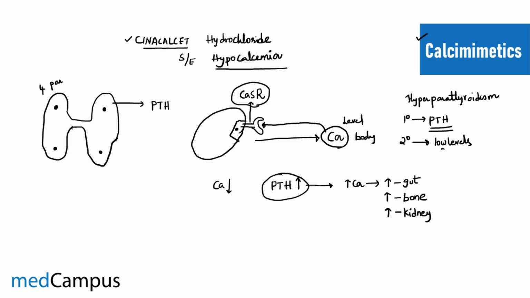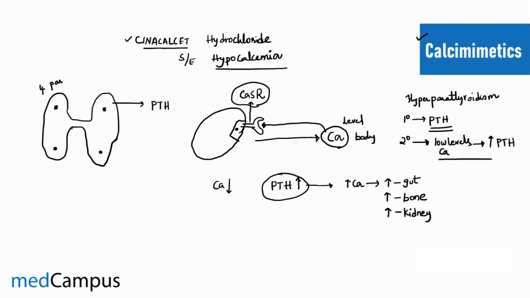Whenever there are low levels of calcium, the calcium sensing receptor detects these levels and starts secreting parathyroid hormone. If I want to give you a sentence, secondary hyperparathyroidism is actually a metabolic response to correct calcium homeostasis. It is actually correcting the levels of calcium.